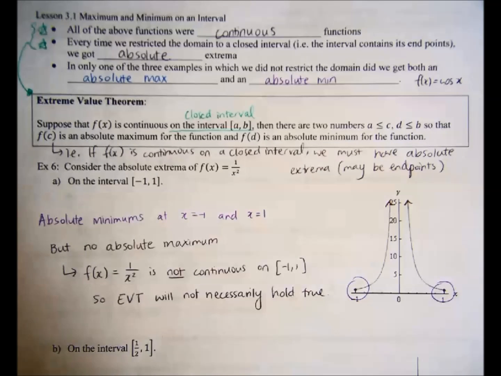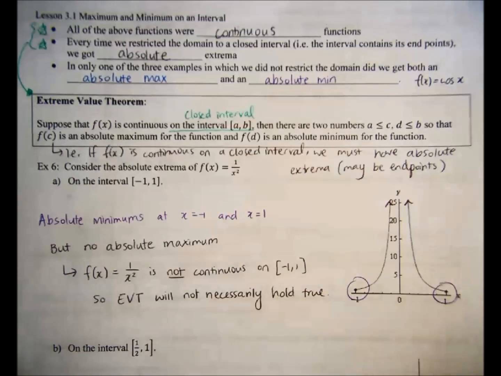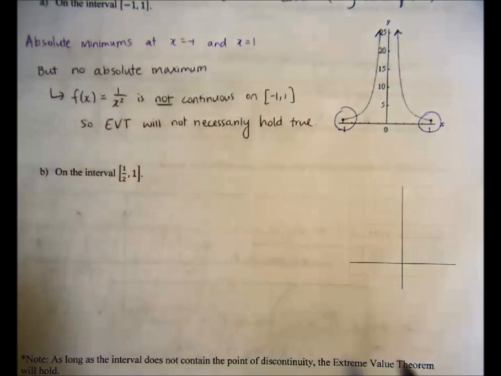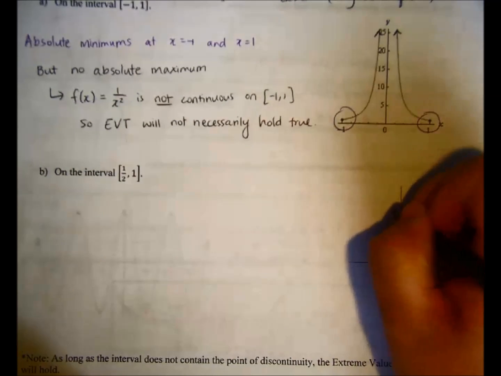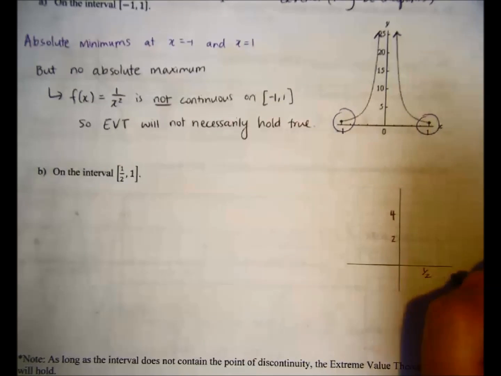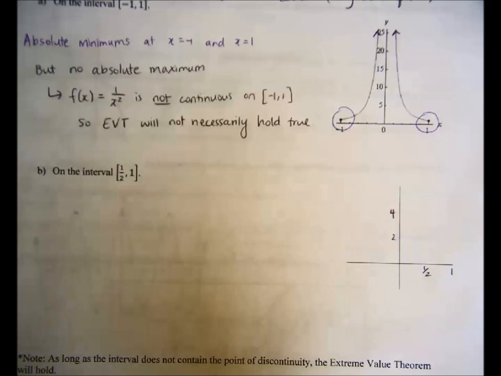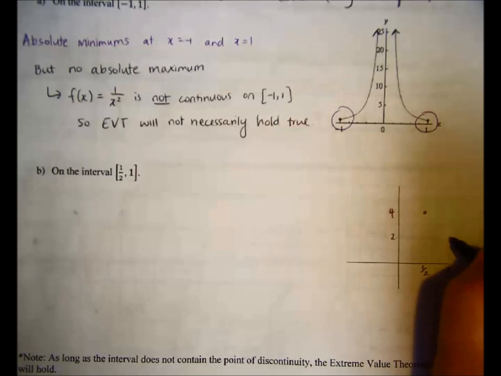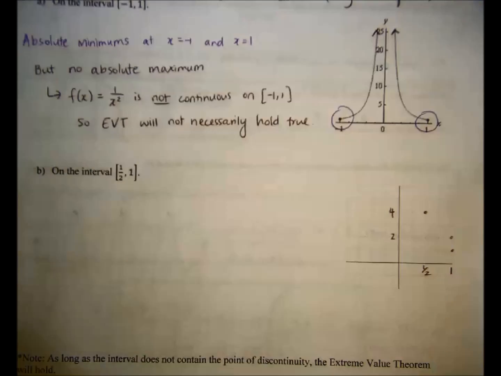But now let's repeat this exercise given the closed interval half to 1. In this case, we'll have this value 4 up here and this value, oops, sorry, 1 over here.